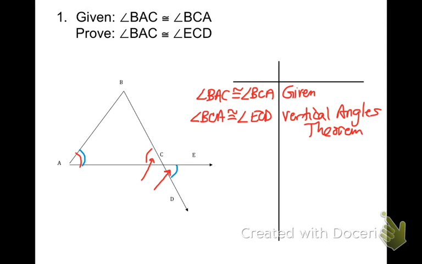Well, based on our given statement and our second line, vertical angles theorem, we can conclude that angle BAC is congruent to angle ECD, the very statement we're trying to prove, and that's based on transitivity.